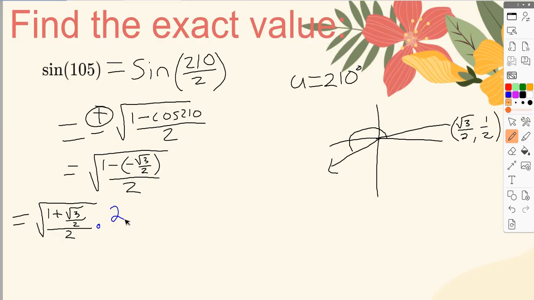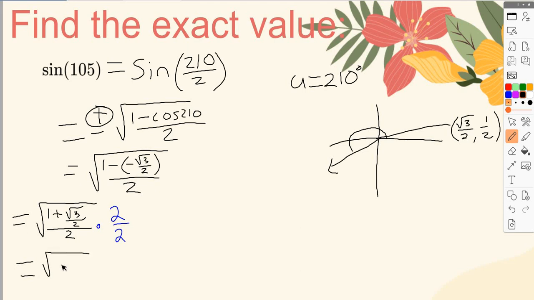No. But I can multiply by 2 as long as I do it to the top and bottom, because now I'm technically multiplying by just a 1. And we are allowed to do that. But I do have to multiply it to both of these, so I have to distribute it.